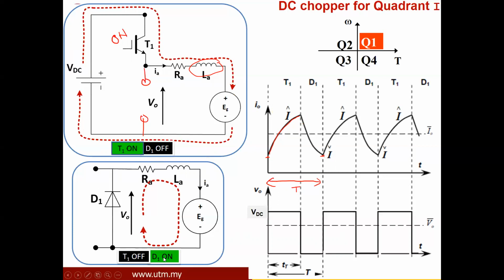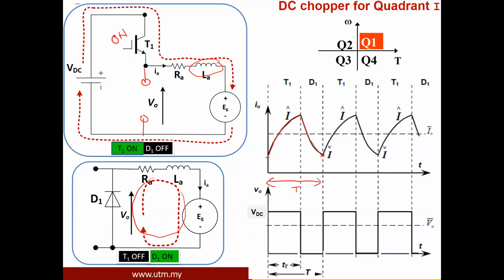The energy will be discharged, freewheeling through this circuit. The current starts to discharge and goes back to its minimum value. This is the basic principle of controlling the DC motor.